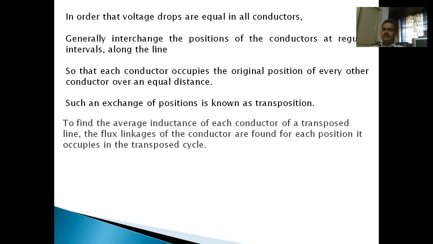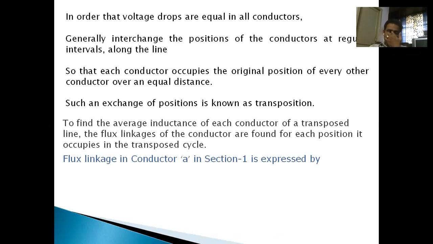Such an exchange of position is called transposition. To find the inductance of each conductor of a transposed line, the flux linkages of the conductor are found for each position it occupies in the transposed cycle.